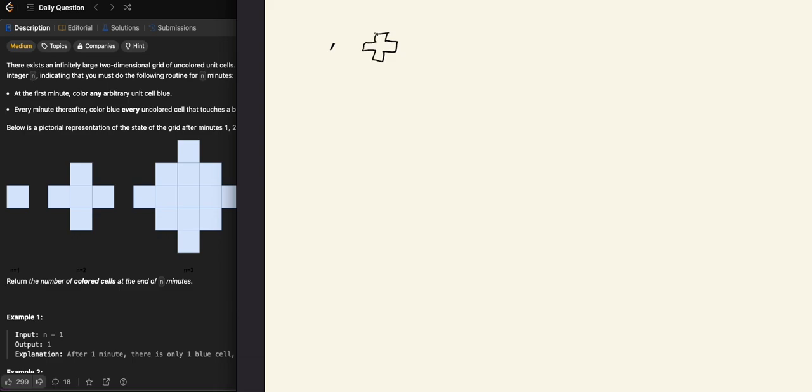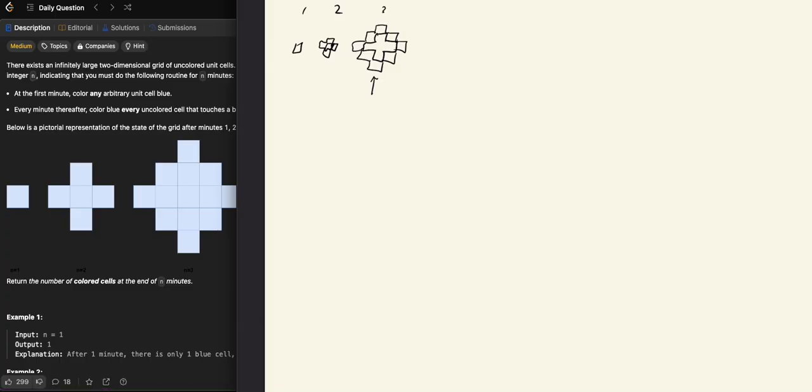And then, well, how do we add the next thing? It's like adding this here, right? So what does that mean? Yeah, so the shape after 3 minutes is one, then we have this as two. So this is just pattern recognition.